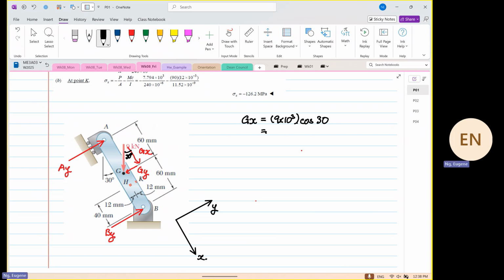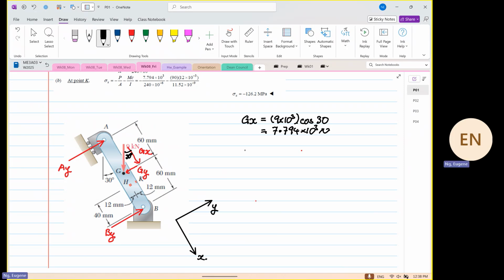This comes out to be 7.794 times 10 to the power 3 Newton.